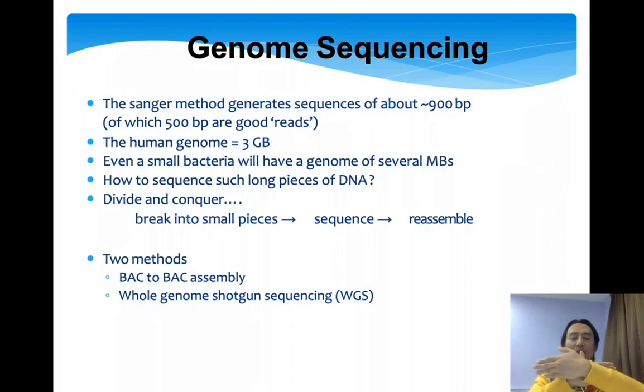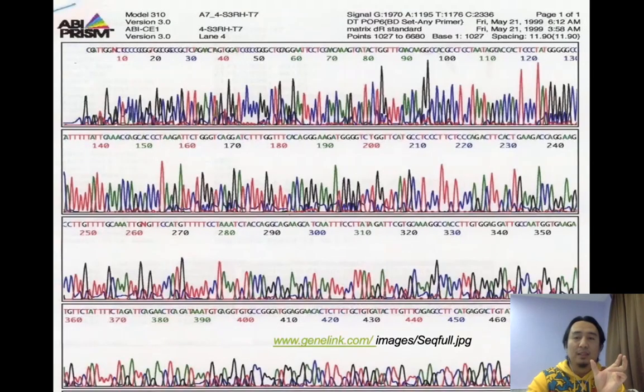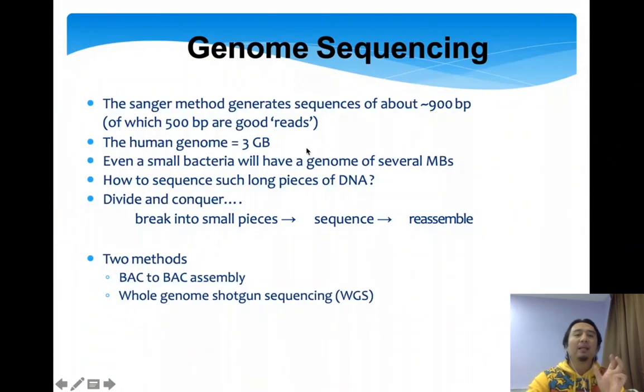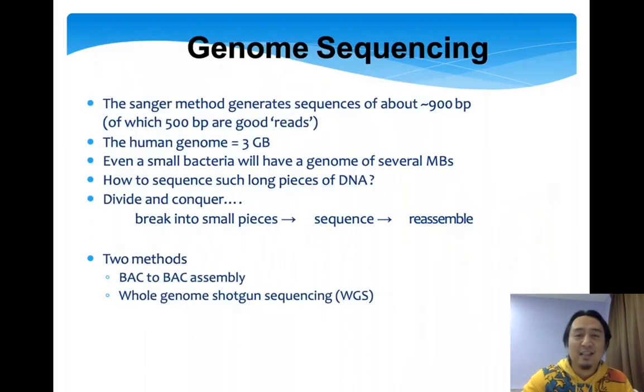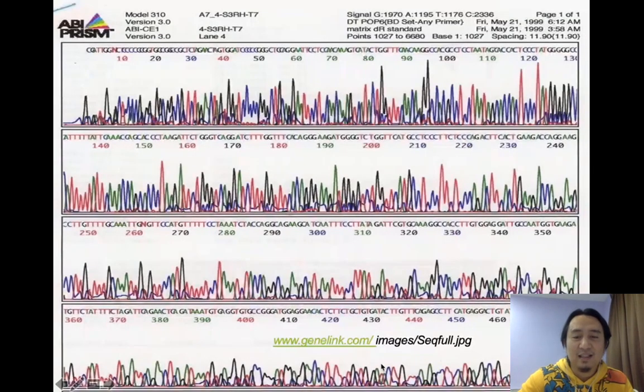Okay, but in that 900 only 500 are good to read. Good to read means that the spike is like this. Right? Nice and sharp. But then the 200 in front, the starting of sequencing, and the 200 at the end are really not nice. Alright? It will become like this. Okay? Even though the sequence is correct, we cannot 100% trust it.